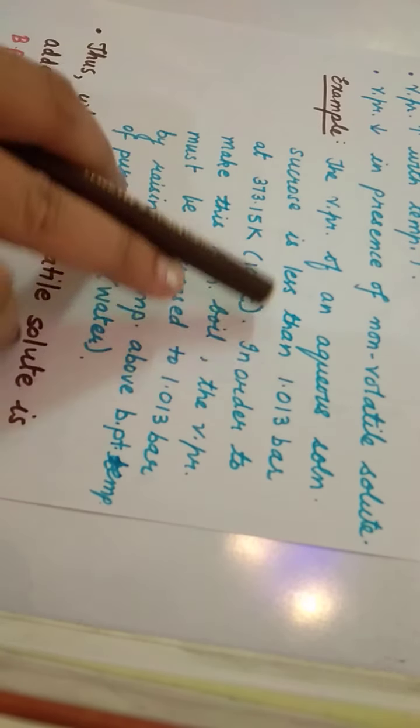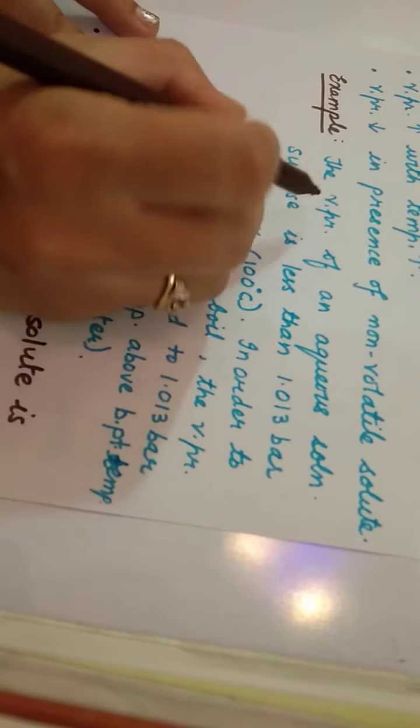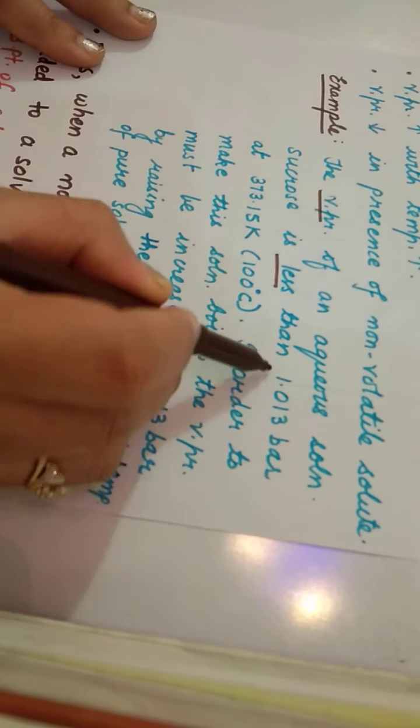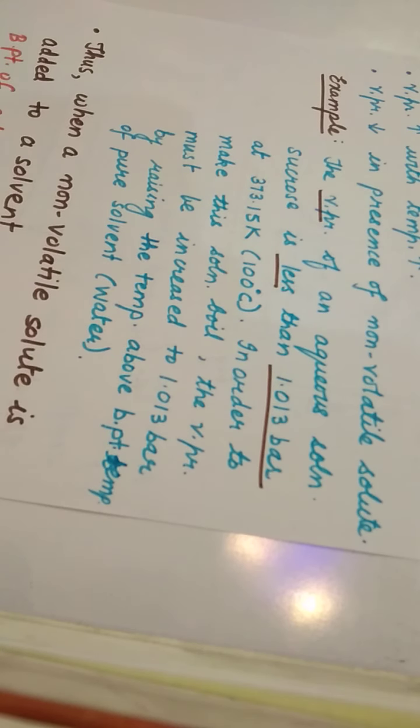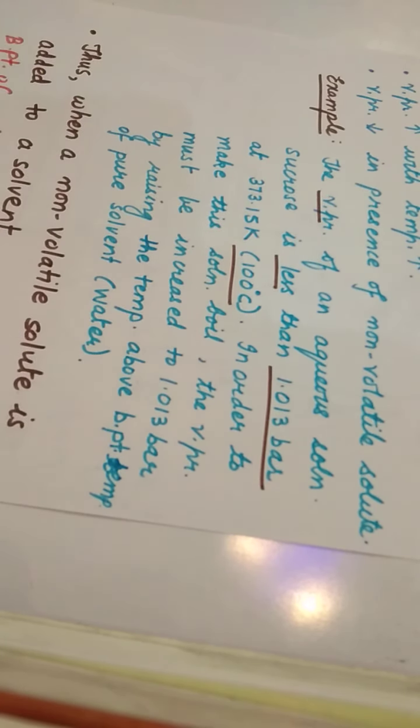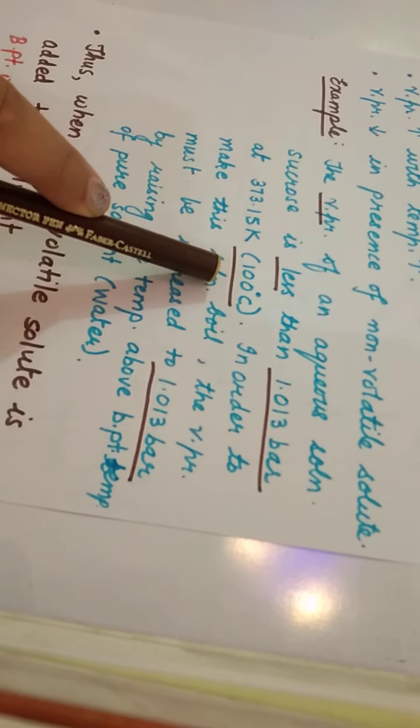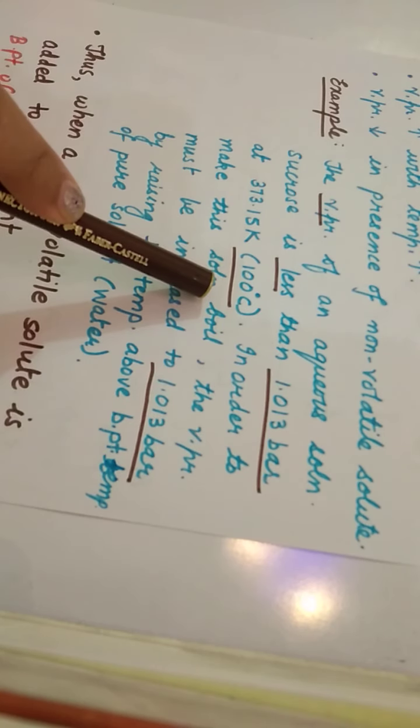So vapor pressure is less than 1.013 bar at a temperature of 100 degrees Celsius. Now, if you want to boil this solution, the vapor pressure must be increased to 1.013 bar, and we have to raise the temperature. Children, earlier the vapor pressure was less at this temperature.